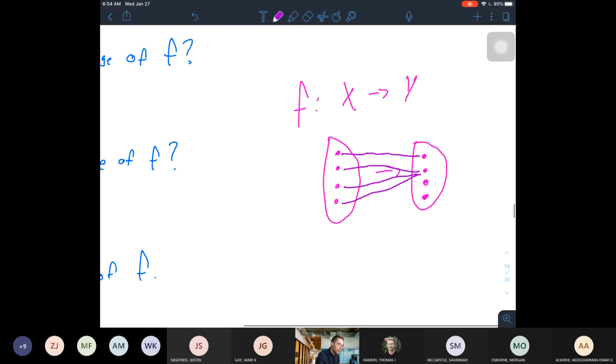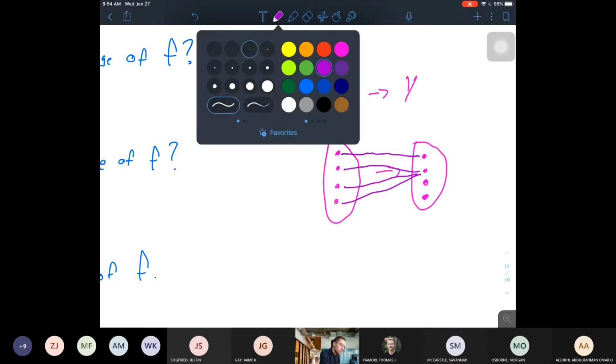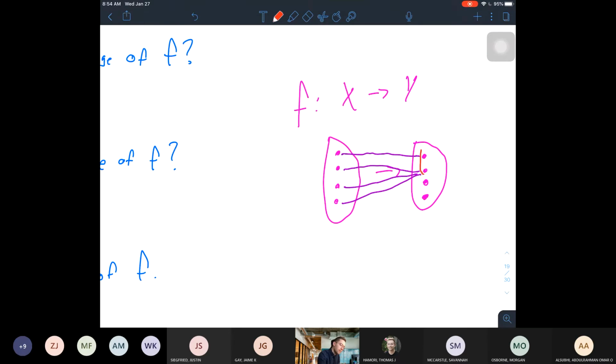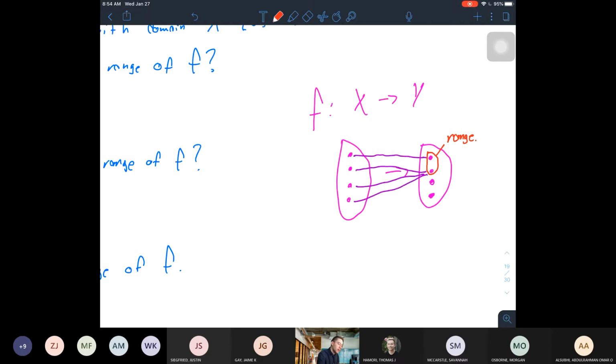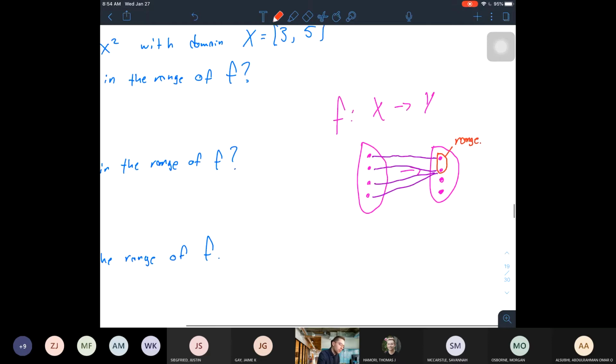So if we have all four of these going to just these 2 points here, then that's what we call the range. Remember the domain is all of the points which we can plug into our function, and the range is the set of points which is possible to come out the other side.